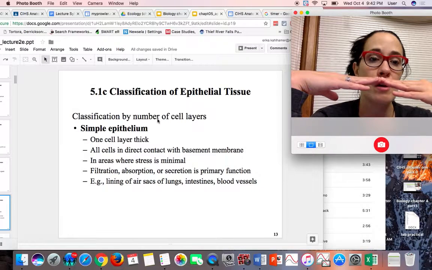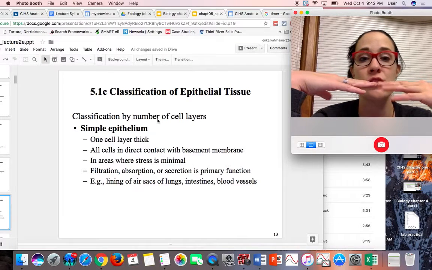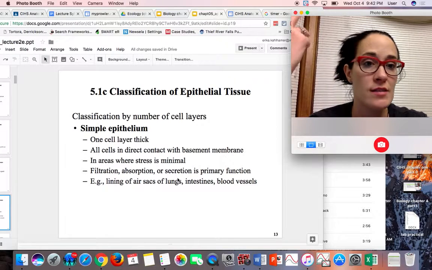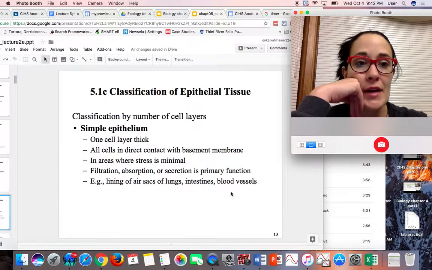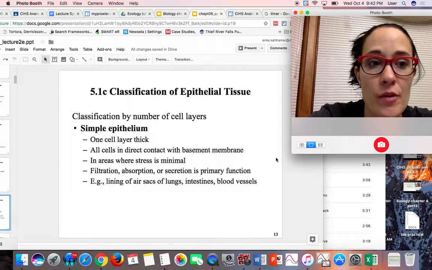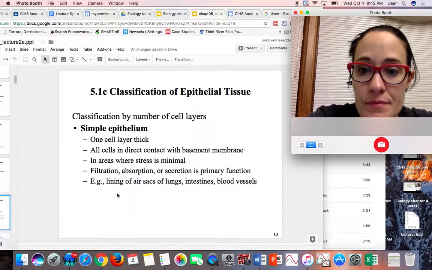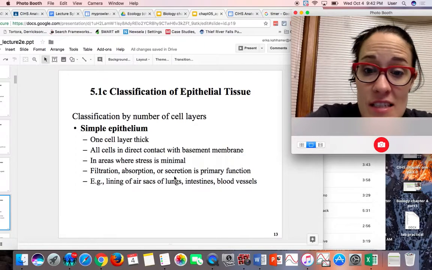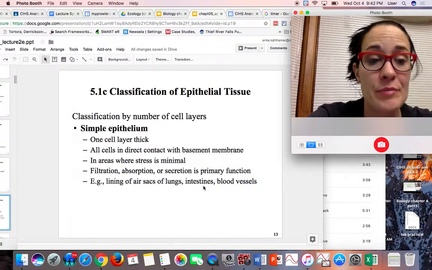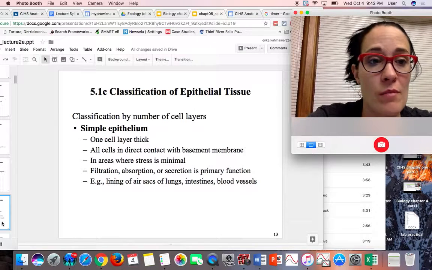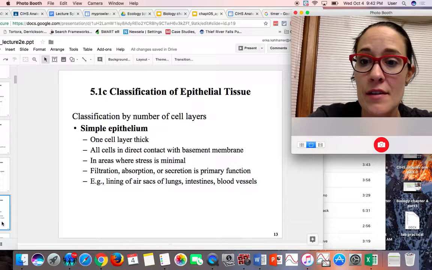So they're in areas where epithelial tissue filters things, absorbs things like oxygen, secretes things like hormones or other products. Like the lining of the air sacs of your lungs, your intestines, which secrete chemicals to help digest food, and blood vessels, to allow passage of gases.